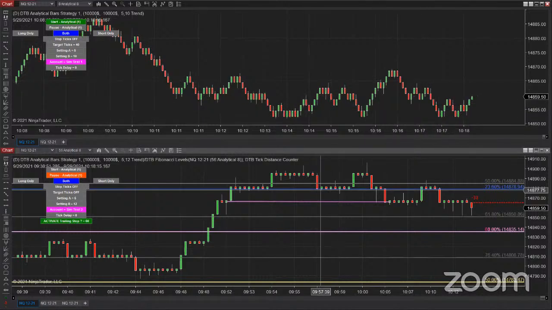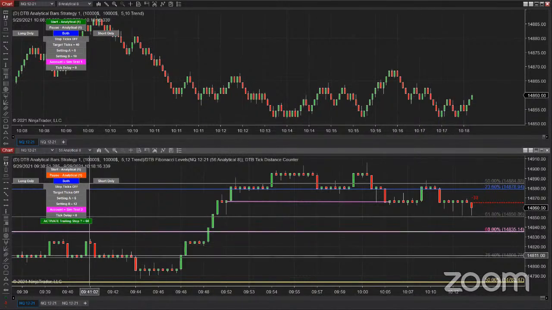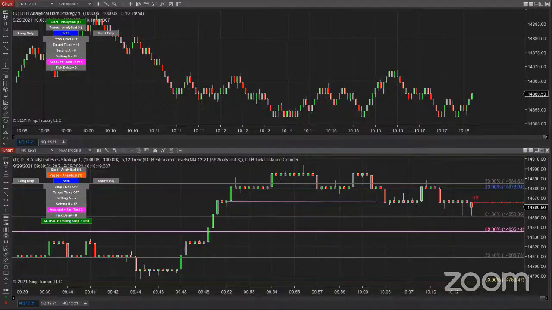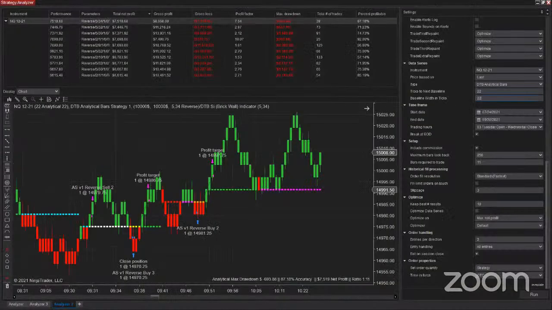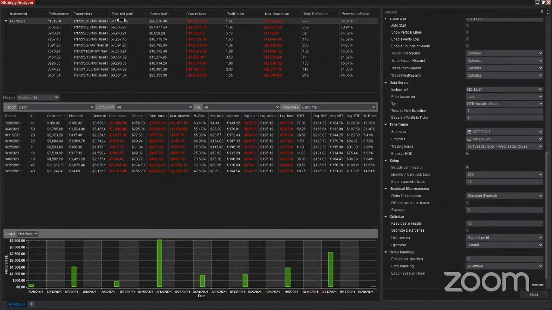I think it's a lot of information for you guys to have taken in on this, especially the strategy analyzer. I think that was very important to look through. So go and have a look at what we've done over here.